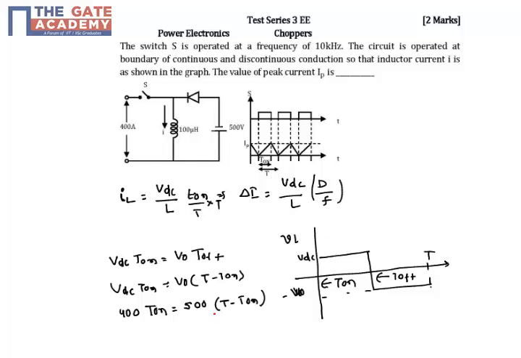Now T on, these two will cancel. Then what will you get? You will get it in terms of T on and T. So this is 4T on equal to 5T minus 5T on, right? 400 and 500.